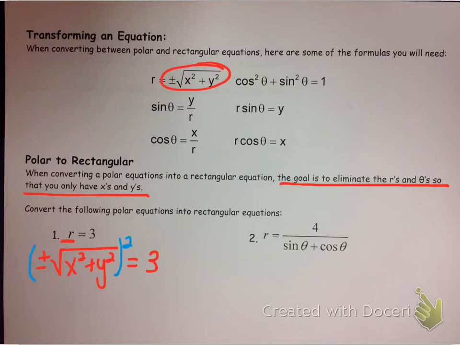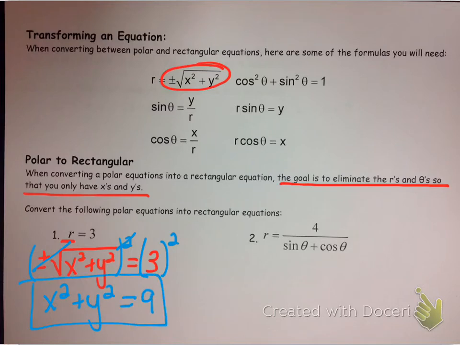So I'm going to take that side and square it, and take that side and square it, and that gets rid of the plus or minus the square root. And I'm left with this nice, pretty graphing form equation of a circle that is centered at the origin. And we'll get into all those details when we actually get into the different types of equations. Right now, we are just converting back and forth between the different forms of equations. We'll begin identifying them and looking at the characteristics of them here in the next day or so.